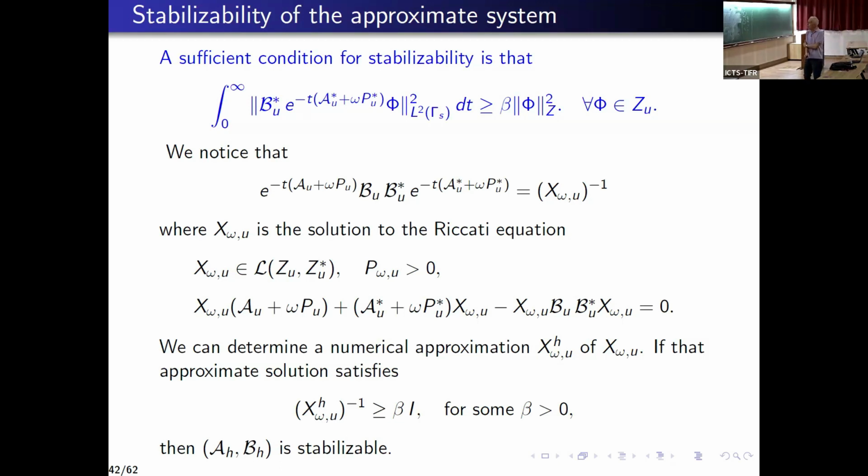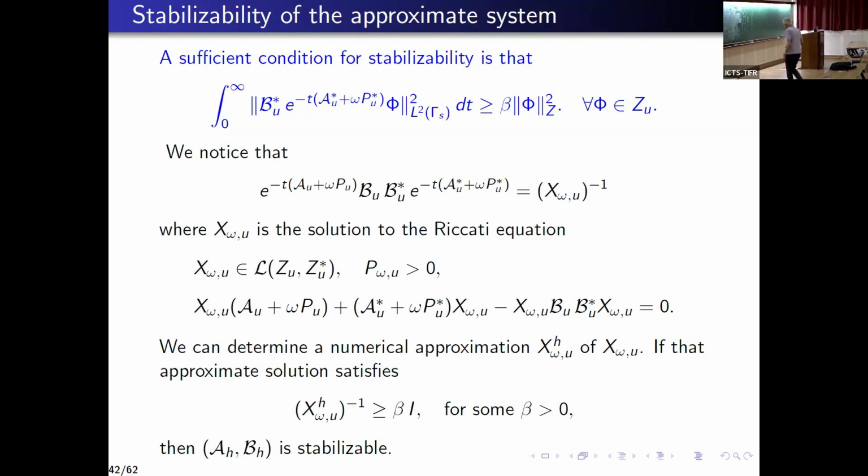It means that I can check whether, at the discrete level, the family here is stabilizable or not. It's not a proof of the stabilizability of the initial operator. But what I would like to mention here is the fact that we can use the numerical approximation to have an idea of what is doable or not.